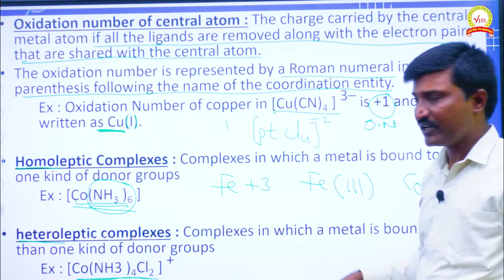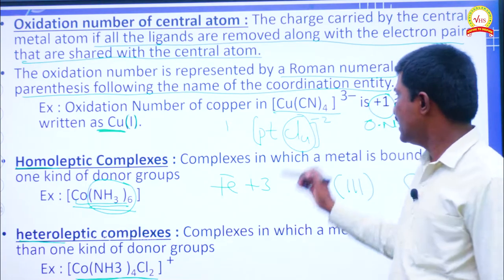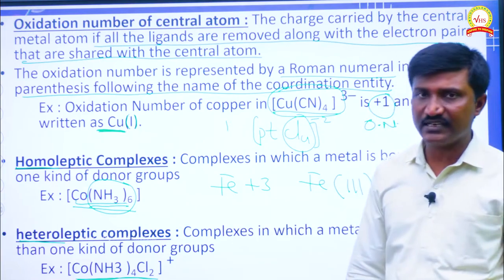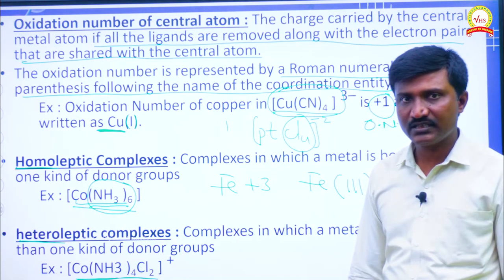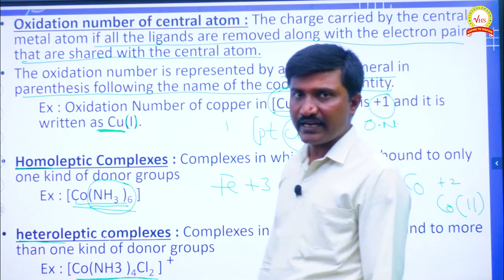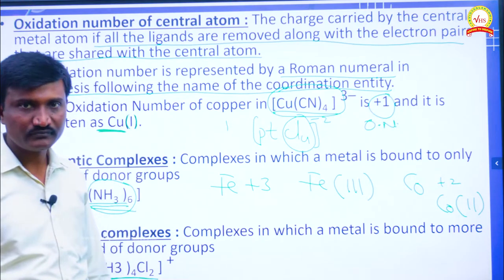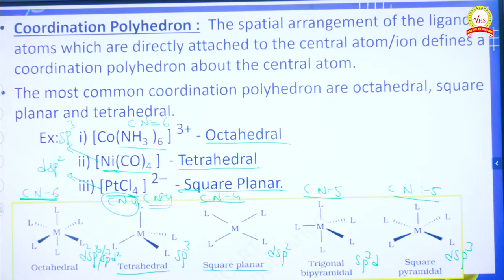Yes, homoleptic, because the 4 chlorines present are the same type. And this compound also, Co(CN)6 3-, is homoleptic. Do you have a clear idea about homoleptic, heteroleptic and oxidation number? Yes? Okay, right.